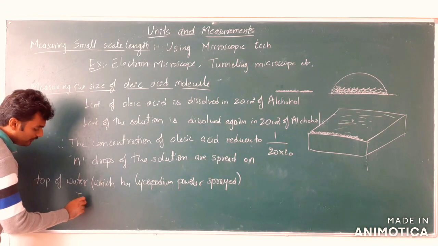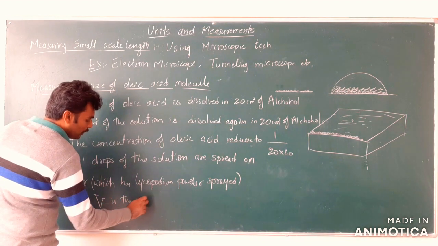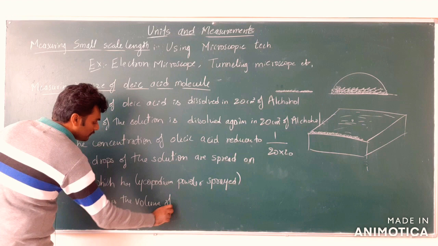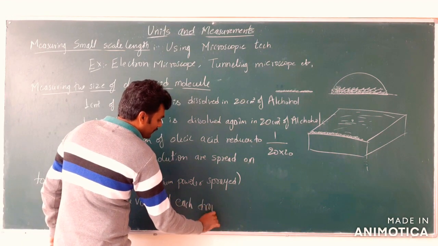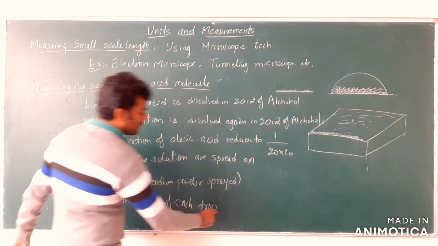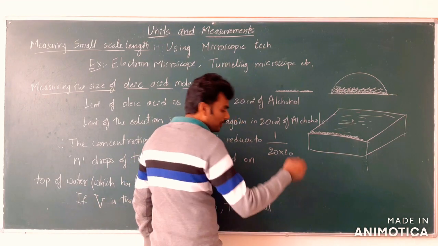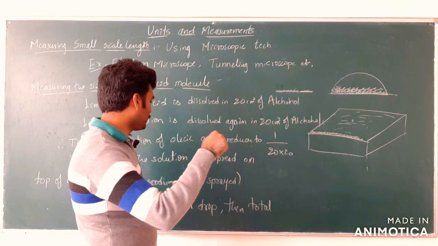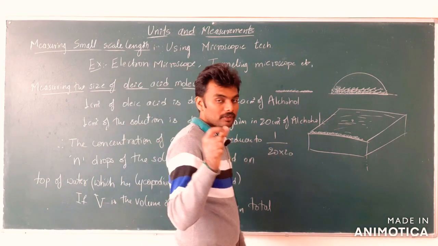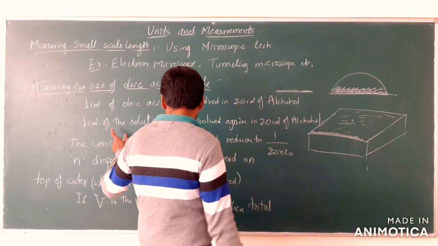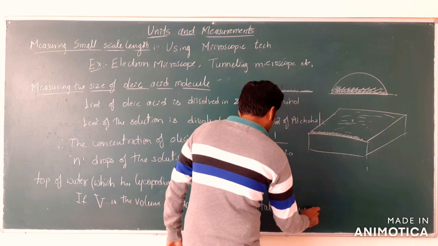Now if V is the volume of each drop, say each drop has the volume V, then the total volume of the oleic acid solution, the final solution, spread on top of water is how much?